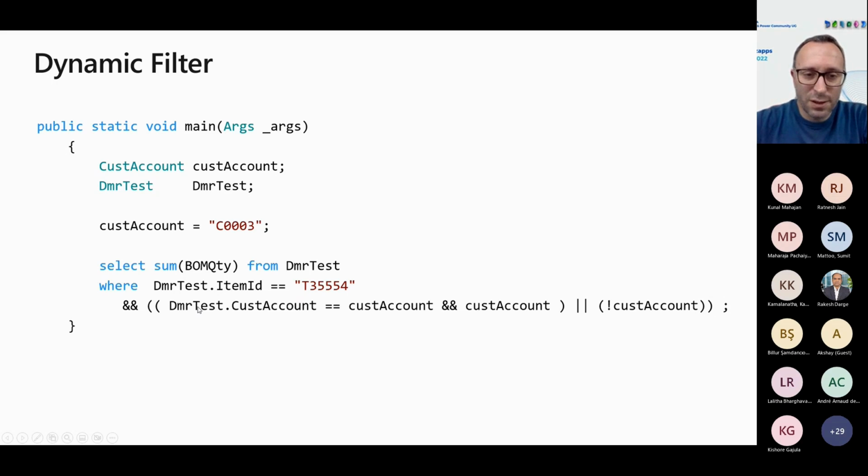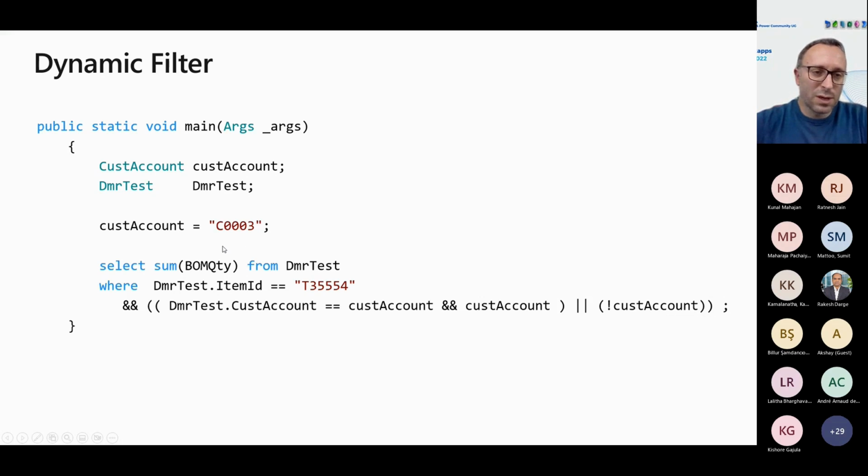When you write like this, if the cast account has any value, it will automatically filter the cast account with this one. If cast account is null or empty, it will not add any SQL statement.